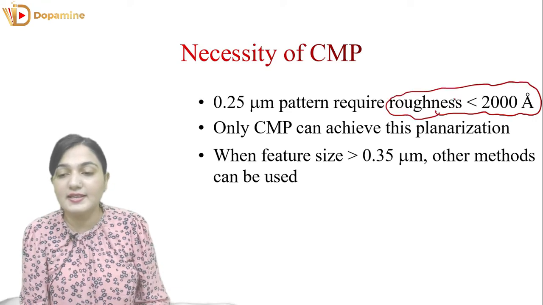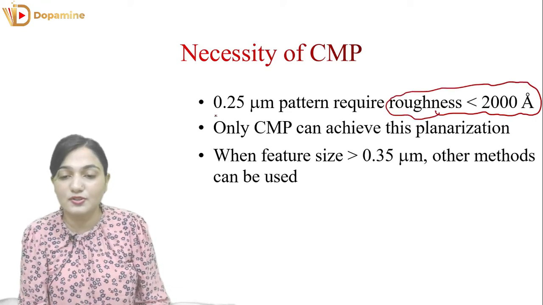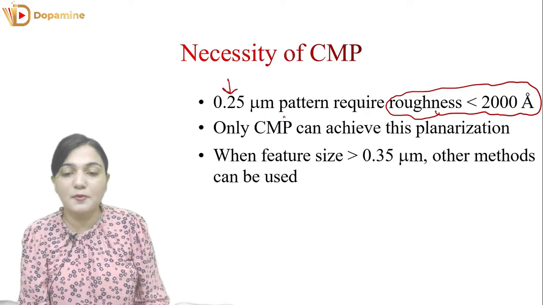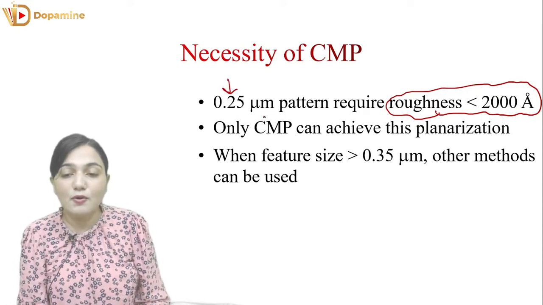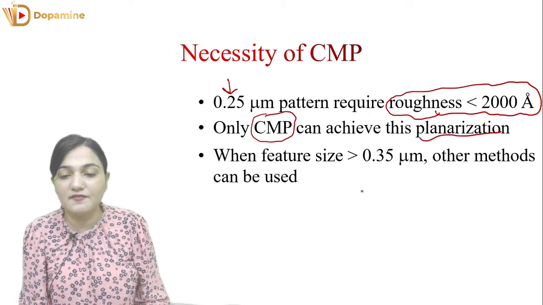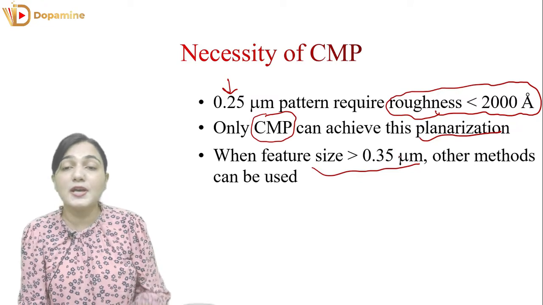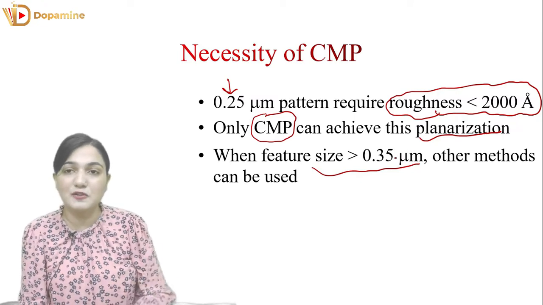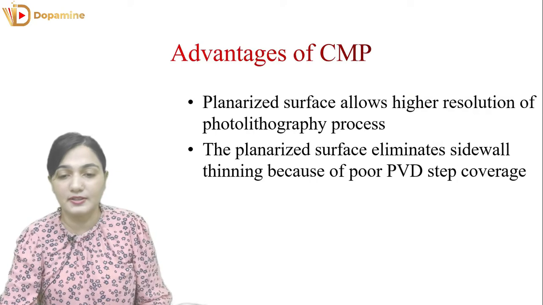Now only CMP can be used to achieve this kind of planarization. When the feature size is greater than 0.35 micrometer, we can use other planarization methods also that we have already discussed in the introductory video.